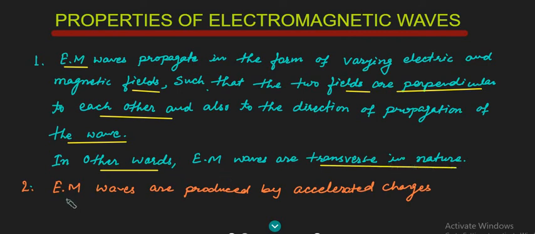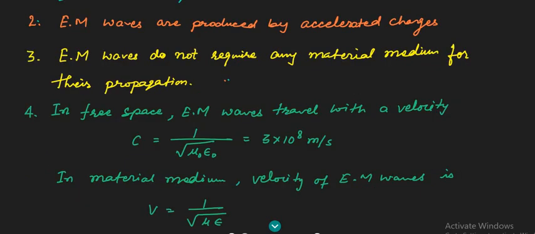The second property is that EM waves are produced by accelerating charges. Property number 3, EM waves do not require any material medium for their propagation. Without any medium, EM waves are able to propagate.